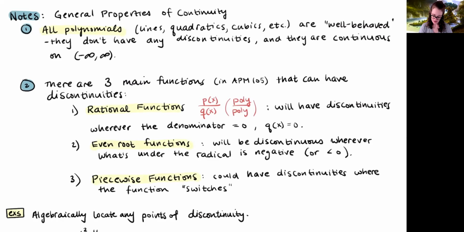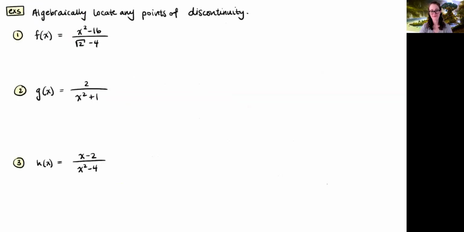All right, so let's take a look at some examples with finding points of discontinuity. In example 1, we have f of x equals x squared minus 16 divided by the square root of 2 minus 4. On first glance, this looks like a rational function, right? It's got a denominator, there's some x's in there. However, the bottom actually doesn't have any variables in it.